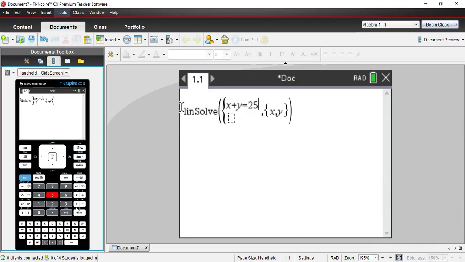That's the first equation. Then I tab down and then I'm going to have 2.25 times the number of hot dogs plus 1.50 times the number of sodas equals $45.